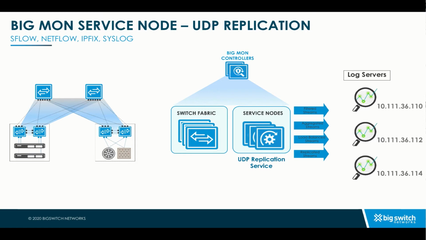If flow records or log messages are to be sent to a new collector, then the IP of the collector is added to the UDP replication managed service, rather than updating all production devices, providing centralized management for collector IPs. Using UDP replication on the service node also helps with easing production traffic load. Once the UDP traffic arrives at the service node via policy, UDP packets are replicated, updated with the desired destination IP address, and forwarded to the appropriate tools.